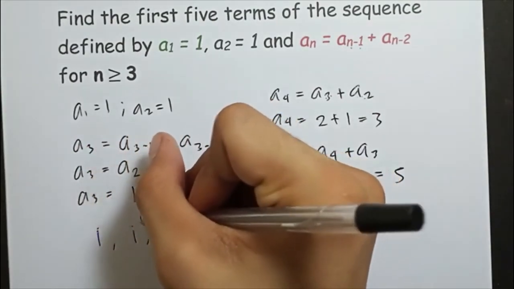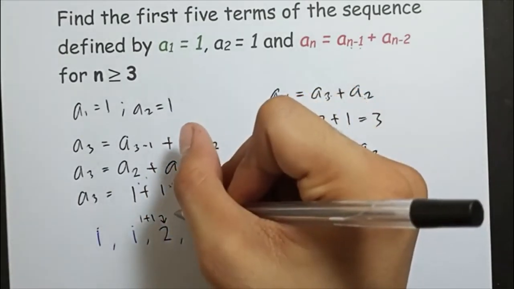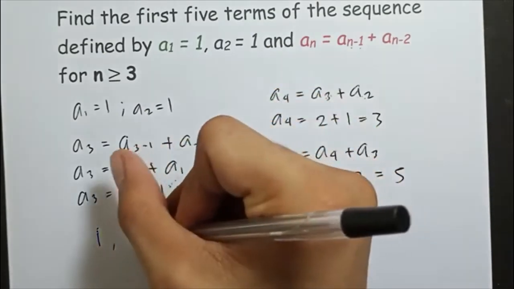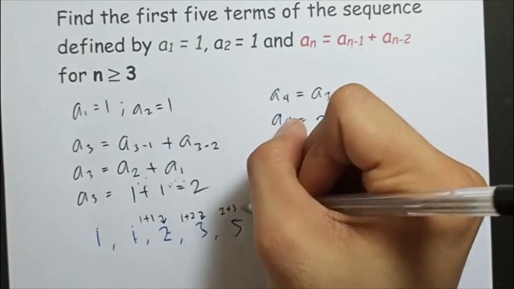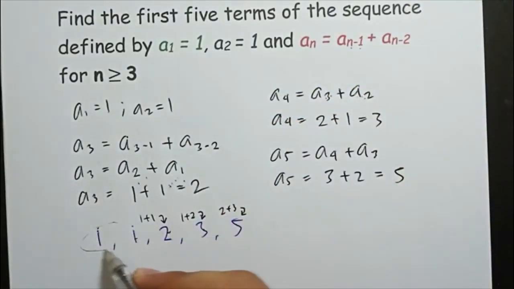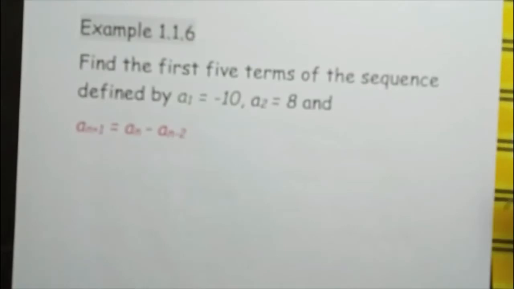So, 1 plus 1 equals 2. Then, 1 plus 2 equals 3. Then, 2 plus 3 equals 5. So, ganun lang. Yung sum ng dalawang naunang term. Ito yung pattern na to.